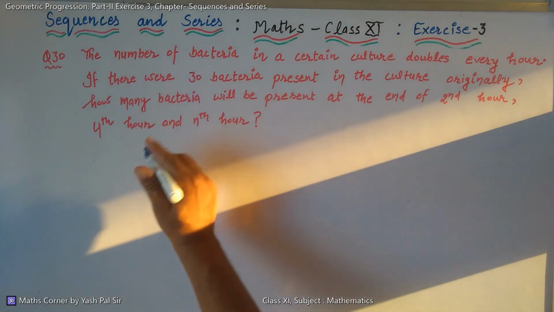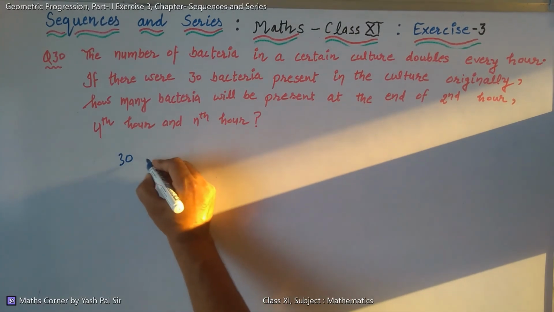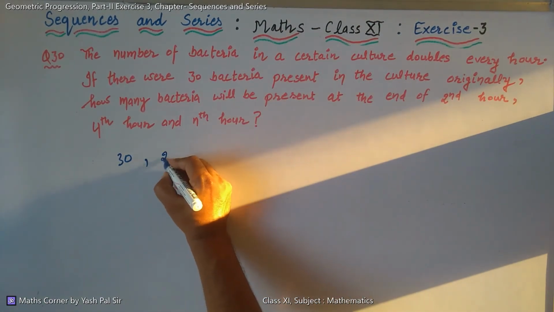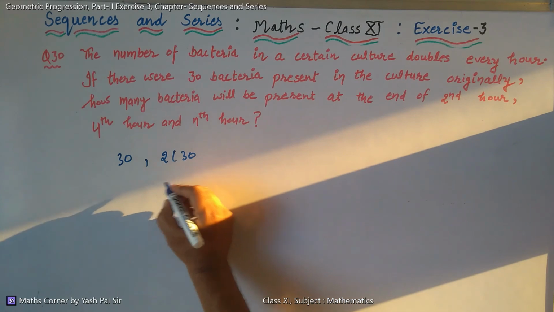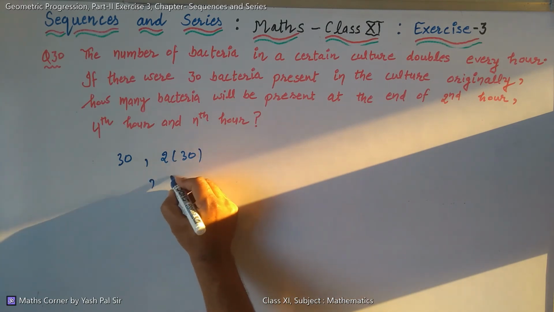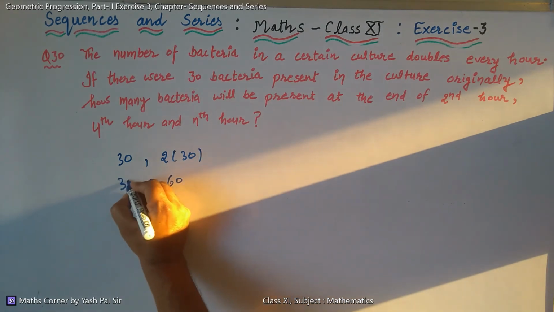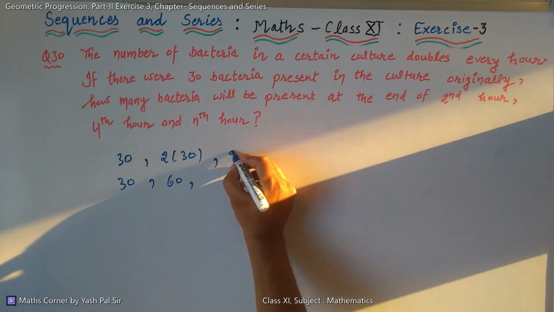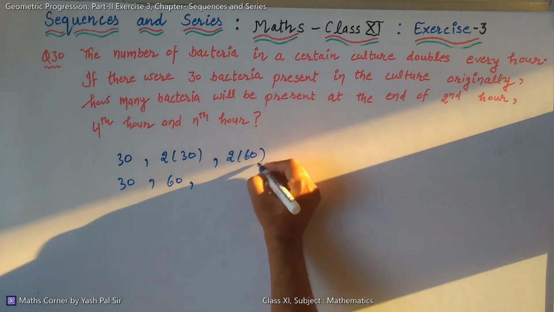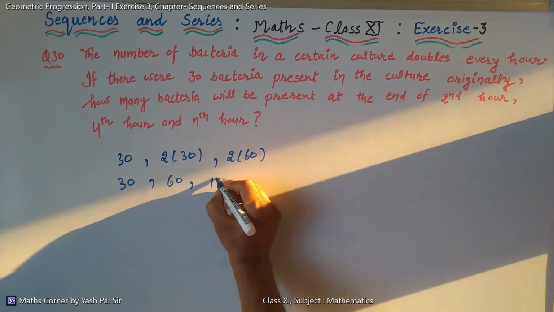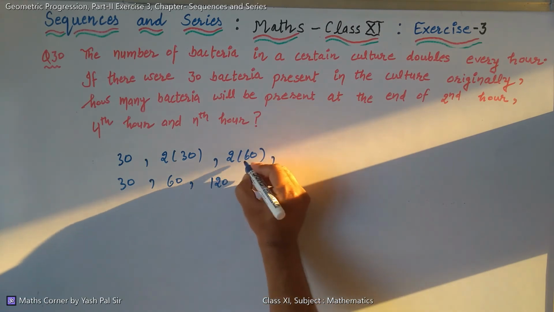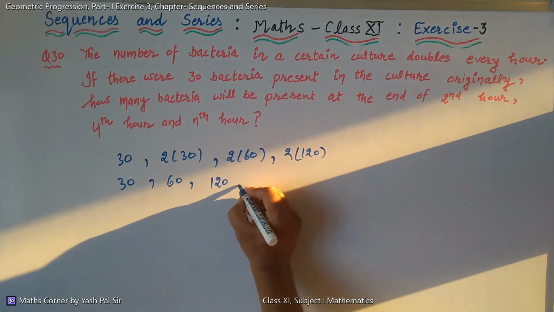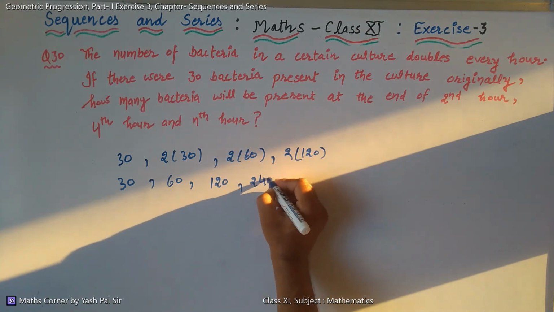The very first term is 30. Second time, double of 30, 2 times 30. That is, this becomes 60. Next time, double of 60, 2 into 60. So we write here 120. Next is double of 120. That is, this becomes 240.